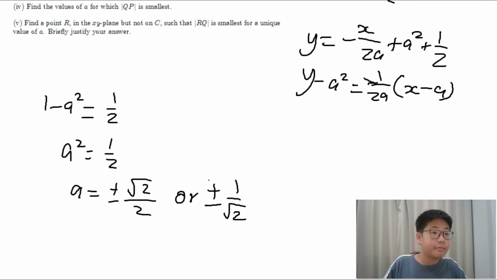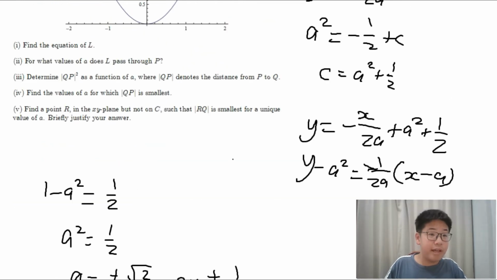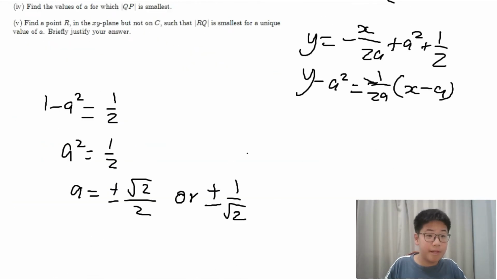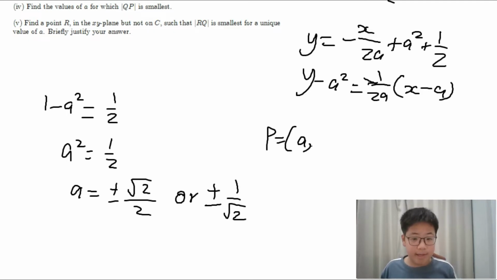So, determine QP squared as a function of a, where QP denotes the distance from P to Q. Let's write this. P equals (a, a squared), and Q is (0, 1).